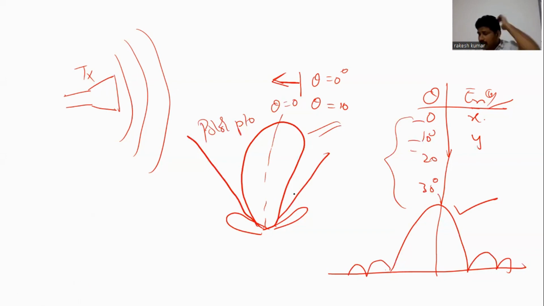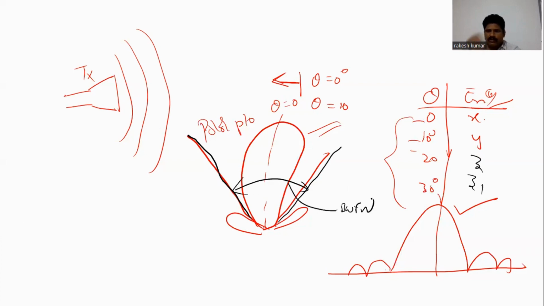For example, if this is my radiation pattern, this is my first null, and so I can calculate the beam width between first nulls.